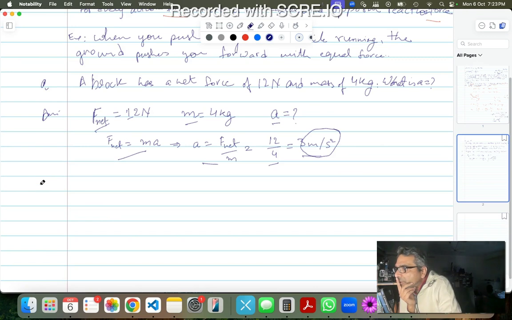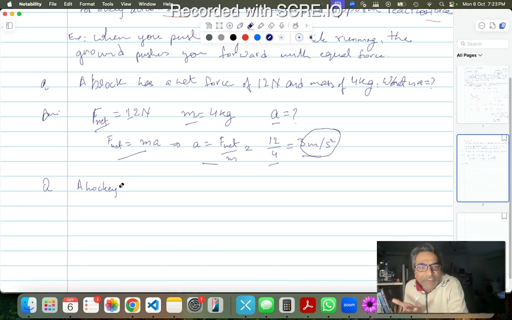Exactly, no net force means velocity stays constant, right?